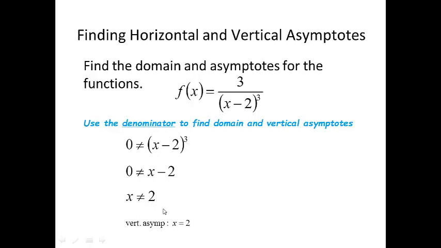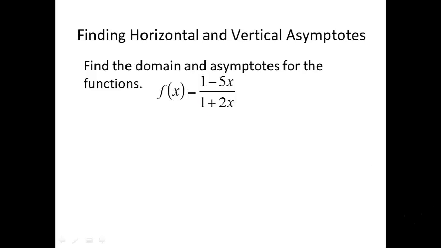So my vertical asymptote is x is equal to 2, but my domain is going to be everything but 2, from negative infinity to positive infinity, skipping over the 2. What about my horizontal asymptote? The exponent is bigger on the bottom, so y is equal to 0 is going to be my horizontal asymptote.